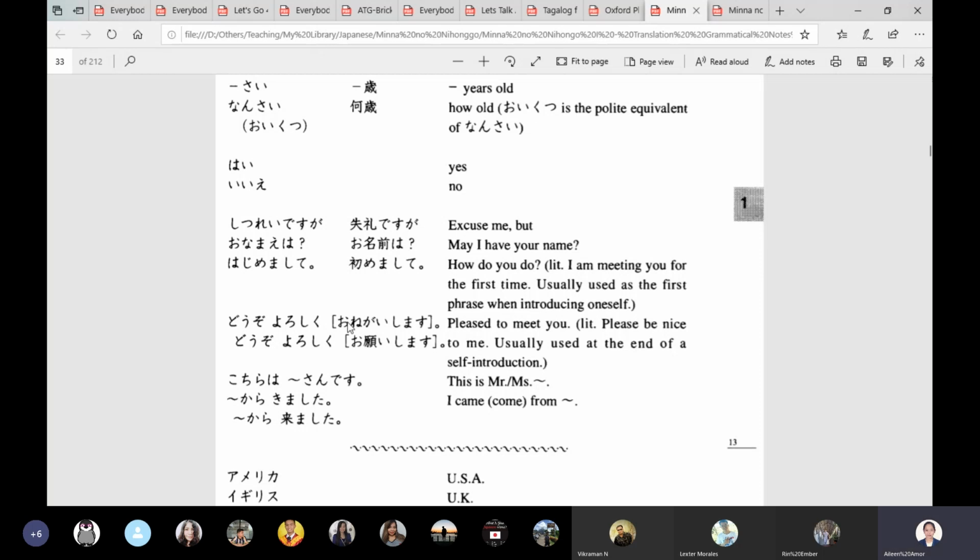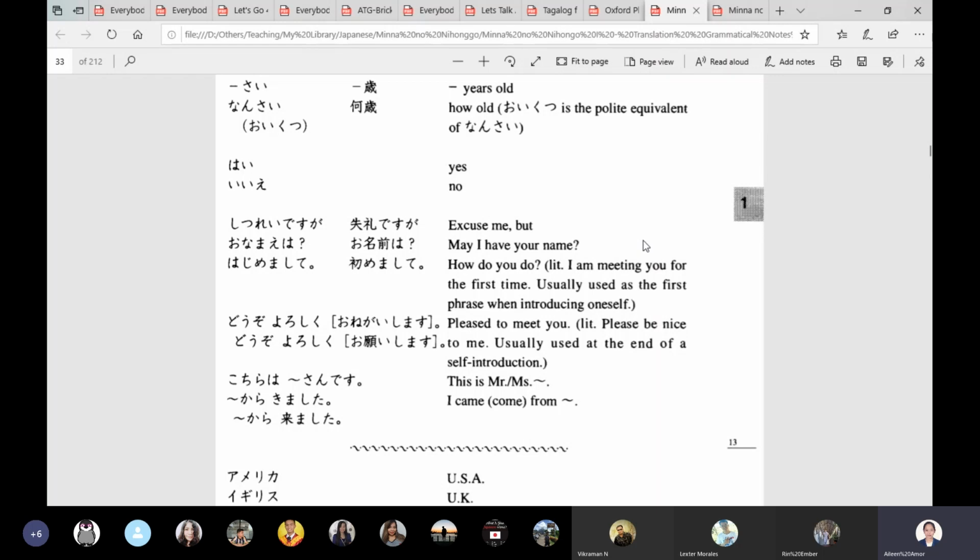And then another is dozo yoroshiku onegai shimasu. This means I'm pleased to meet you. But the literal translation means please be nice to me or please take care of me from now on. This is usually used at the end of a self-introduction.